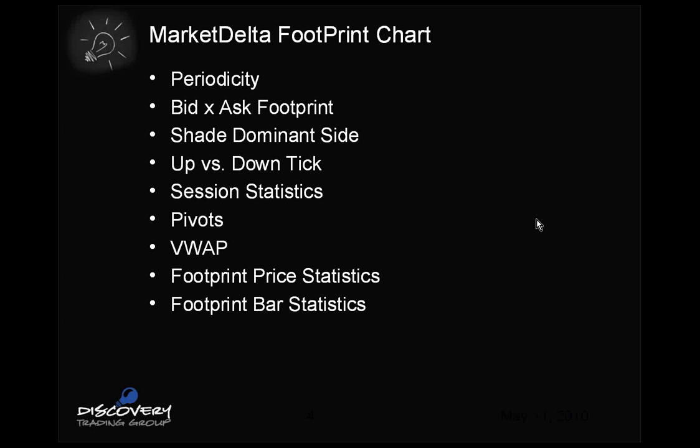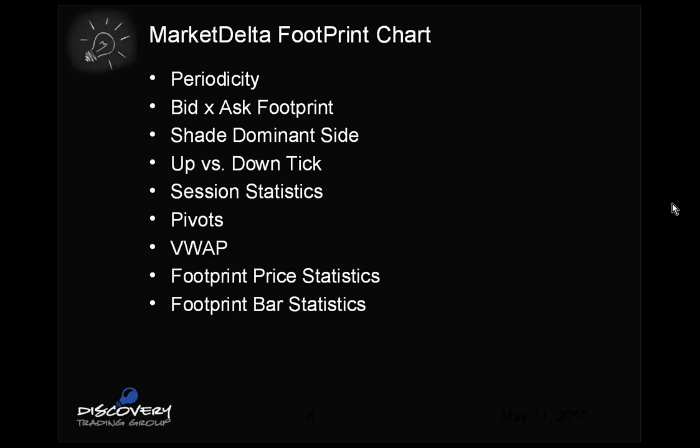So getting back to this particular slide, one thing that I didn't talk about is the up versus down tick. When you select a bid-ask footprint, you can have it plot for either the ask or bid volume or up versus down tick volume on either side.